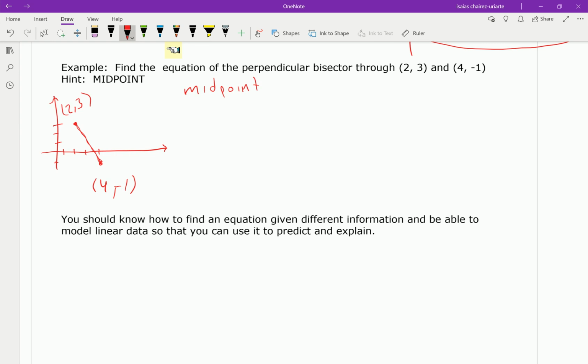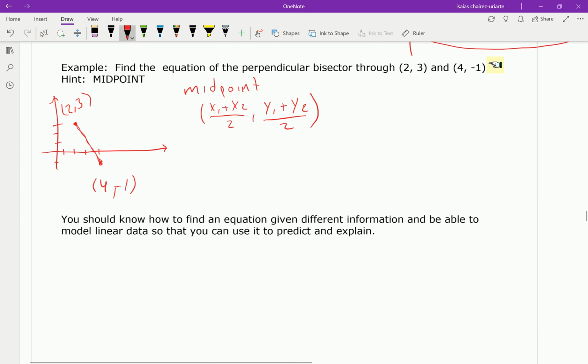There's a formula for the midpoint. Let me remind you. It goes something like this: x1 plus x2 over 2, comma, y1 plus y2 over 2. Right now I want to find the midpoint between 2, 3, and 4, -1.